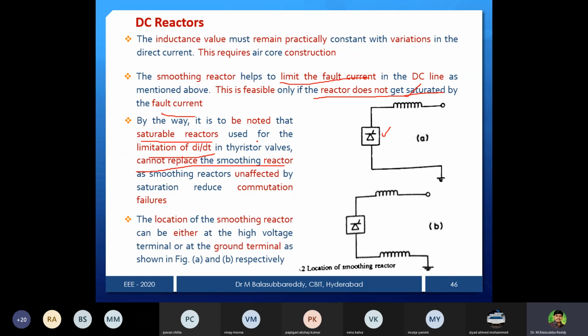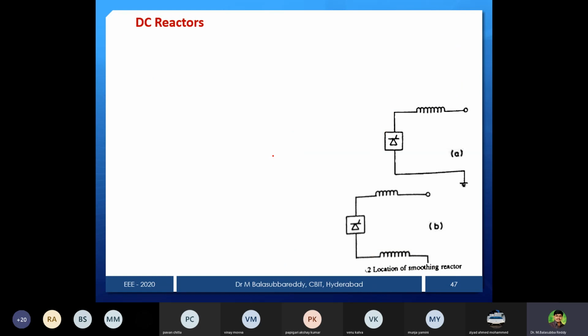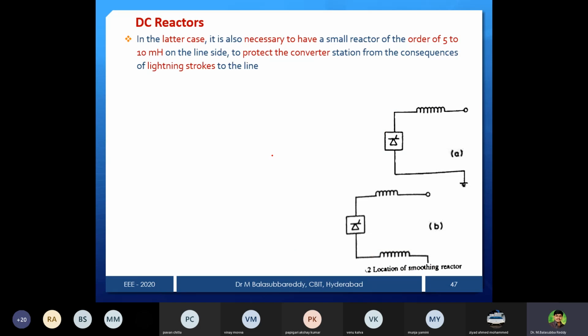The location of the smoothing reactor can be either at the high voltage terminal or at the ground terminal. You can see this is the high voltage terminal, and we can also use the ground terminal. So preferably you can use both the high voltage as well as the ground terminal.